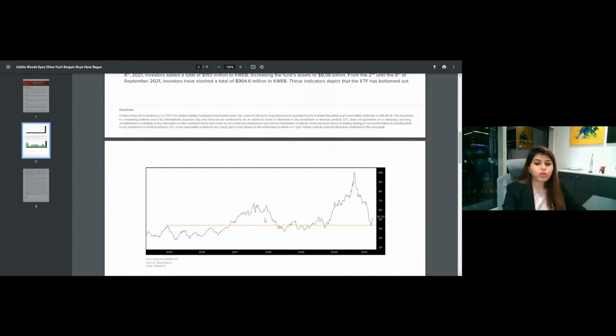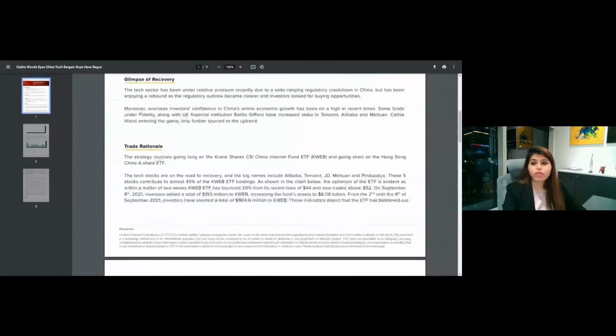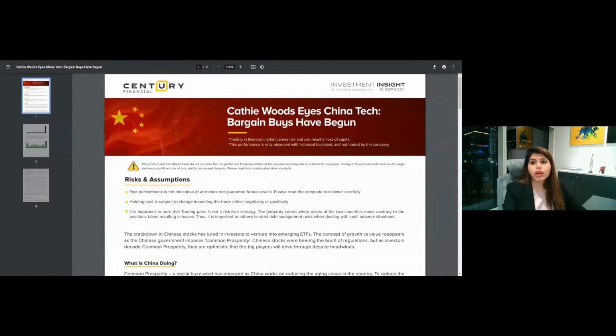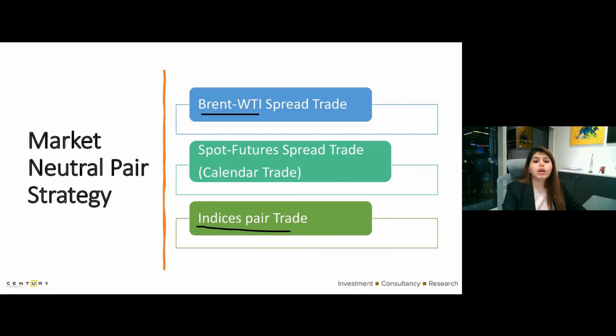So that strategy could play out well. Since the time this flyer was released, at the end of last year, the returns have already been 5% positive. So again, one strategy that you can look into.